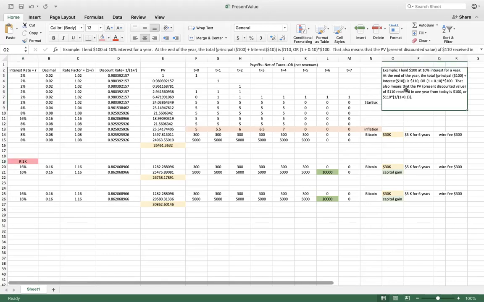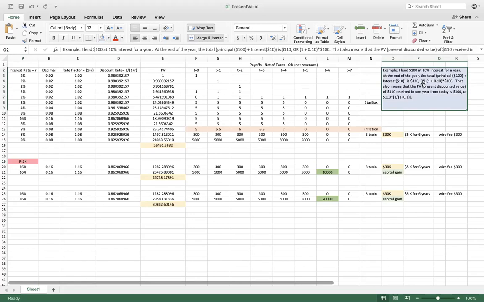But the first thing that I'll do, and I'll highlight this section just really briefly, is the basic intuition, and I'm sure you've heard this before. It says I lend $100 at 10% interest for a year. At the end of the year, the total principal, which is $100, plus the interest, which is $10, is $110.